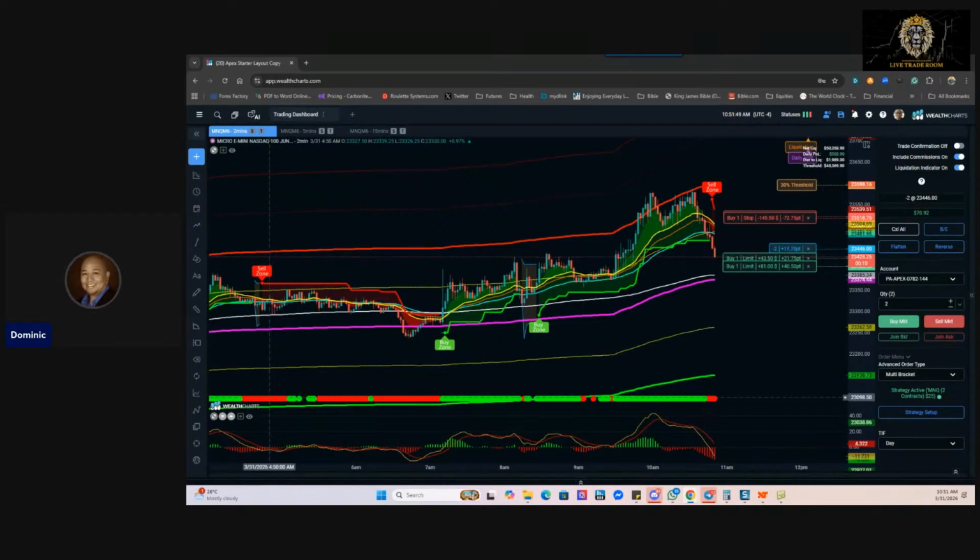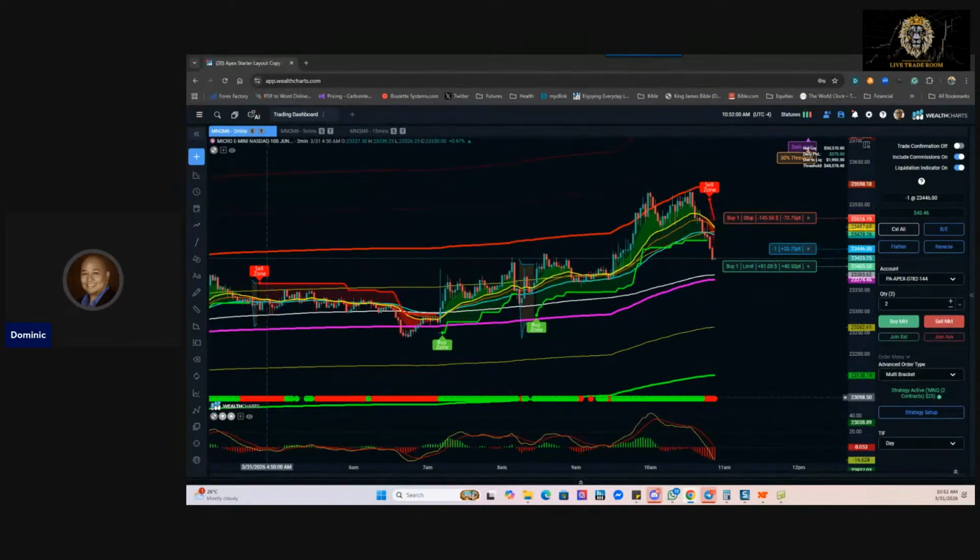That's me placing another order on my TradingView. There we go. When I'm placing an order, and when it hits my target, that's what it does.